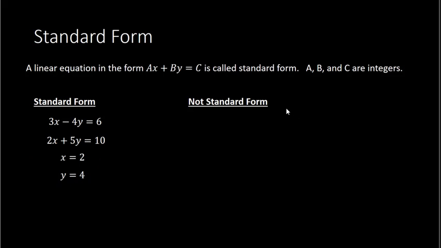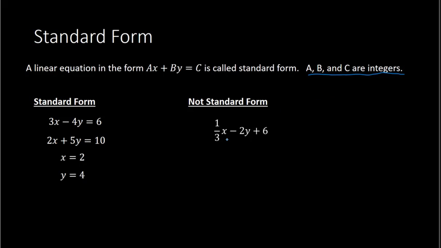Here are some examples of not standard form. First would be 1/3 x minus 2y equals 6. And the reason is because we cannot have fractions. So if you notice right here, as a little side note, a, b, and c must be integers. Integers would be numbers like 1, 2, 3, or -1, -2, -3.